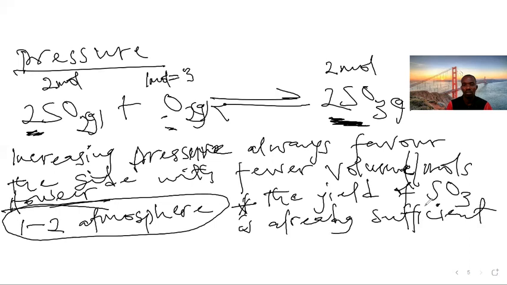So if the yield is already sufficient, why will we spend so much money to build a material that will withstand high pressure?